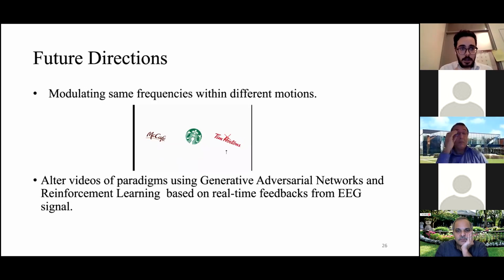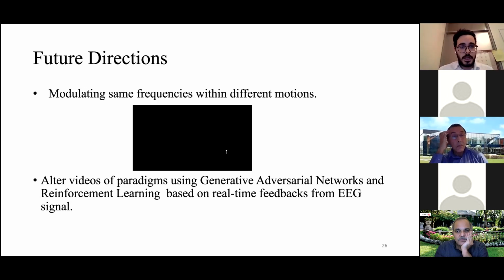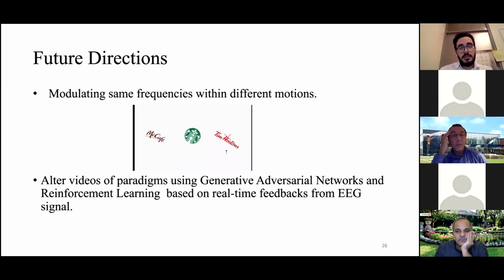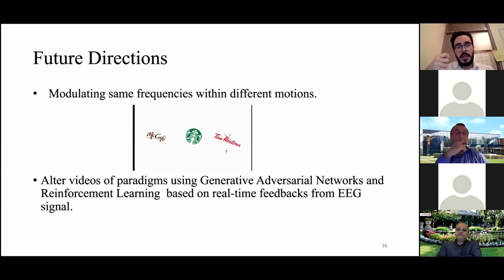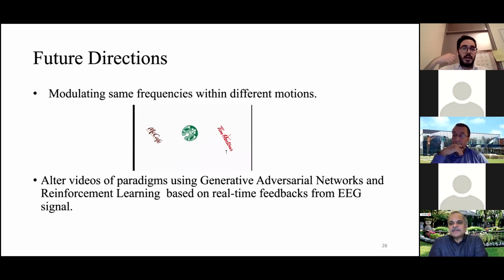And last of all, another direction is altering the videos of the paradigms. If you look at the closed loop system that we have, we can replace the designer with generative adversarial networks, and we can use the feedback to run a reinforcement learning algorithm based on real-time feedback from EEG signals.